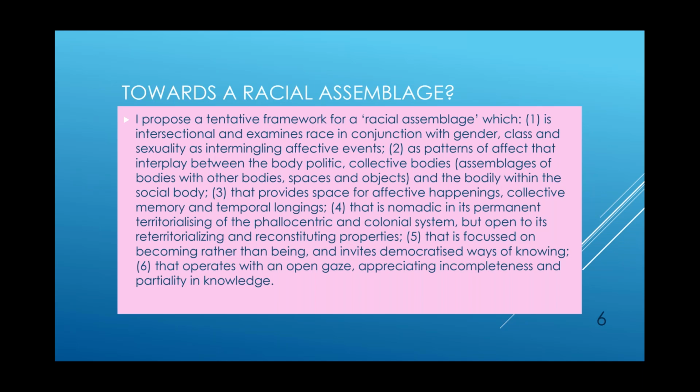So we're looking at assemblages of bodies with other bodies, but also spaces and objects. And we're looking at this notion of how space, affect, and the body creates different types of temporal longings. And by this, I mean how an interaction in a hair salon can produce memories of racialized belonging in other places, such as one's own home country and so forth.